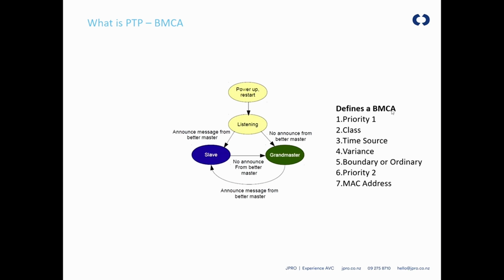Now, down here is just some things I wanted to show you, and one of them is this MAC address. What happens with BMCA is that if it finds two devices that can serve as the master, it uses MAC addressing as the final part to determine, okay, you're the master. As it goes through this, it chooses the master. This is if nothing is forced as master, if there's just a multitude of devices.